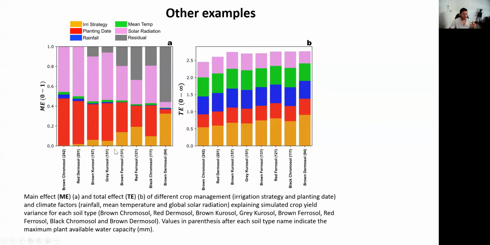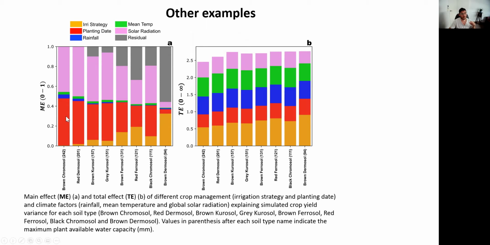And here, the main result was that, as you can see, these are soils with high plant available water capacity, and when you move to the right, the plant available water capacity is reduced. So when the plant available water capacity is reduced, the importance of irrigation strategy increases, and the importance of the planting date and solar radiation decreases, which are connected.